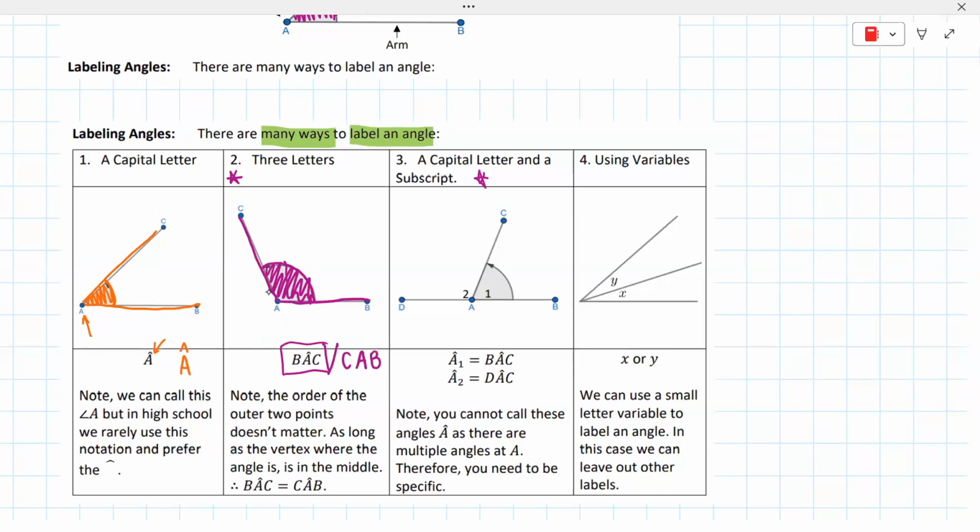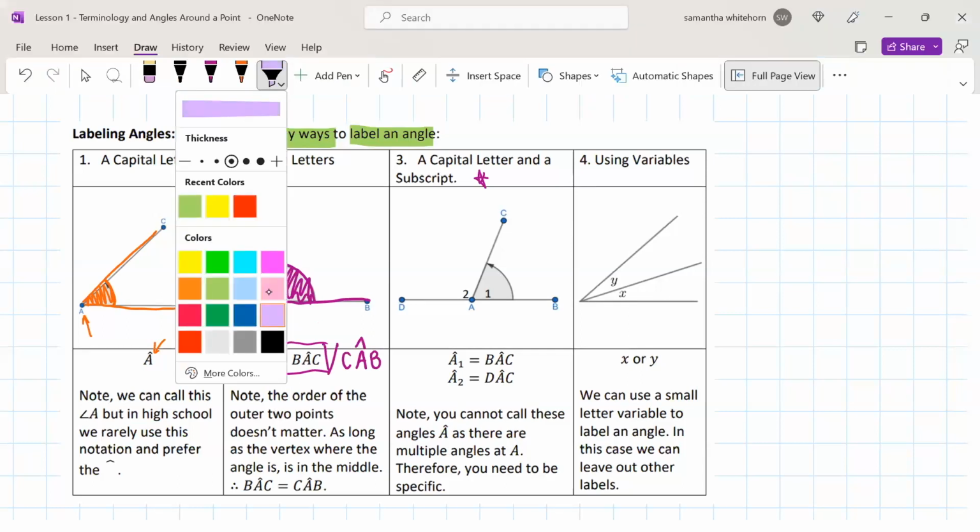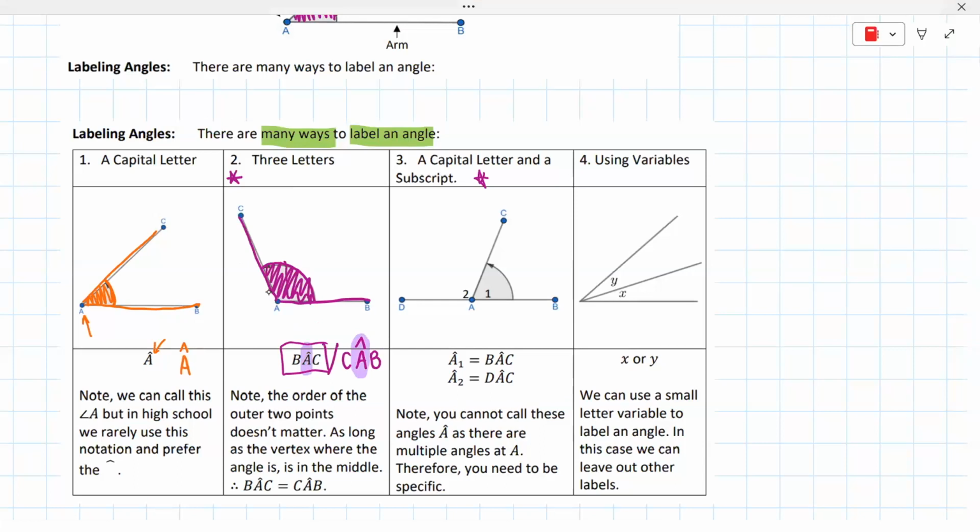It's the vertex where my angle is. As long as the vertex is in the middle, the order of the other two letters doesn't matter. So this 3-letter method is the way we need to be comfortable with labeling angles.